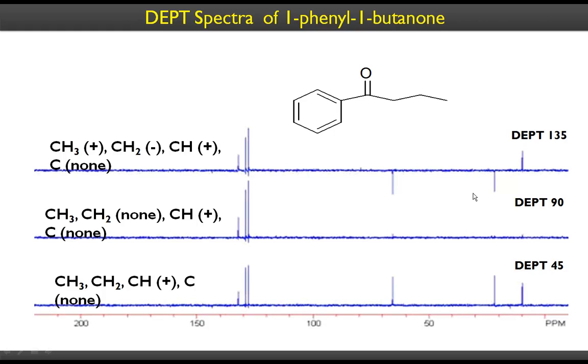The negative ones are CH2, and these are methyls which are missing from DEPT 90 on the positive side. Those that are missing from the broadband decoupled spectrum must be quaternary carbons. We have 2 quaternary carbons, so those are missing, and we don't have the broadband decoupled spectrum here, so we don't know what the chemical shift is. But nevertheless, this spectrum confirms that this is the structure, and if you know the molecular formula, you can assign the missing ones to the quaternary carbons.